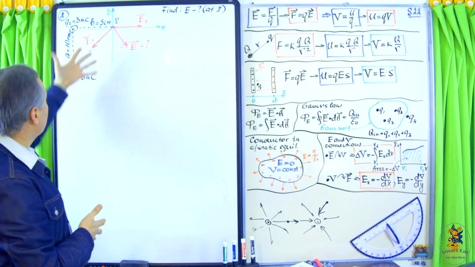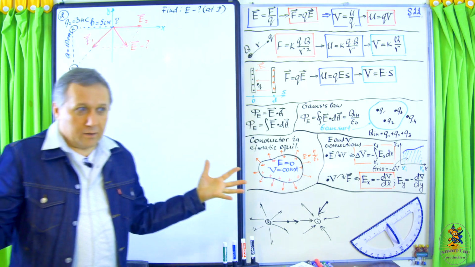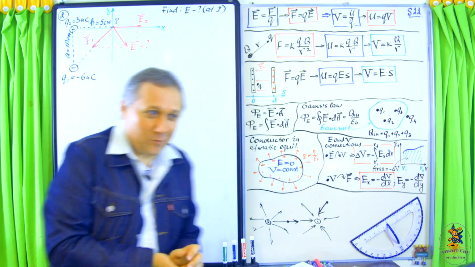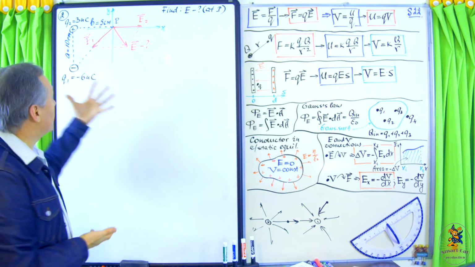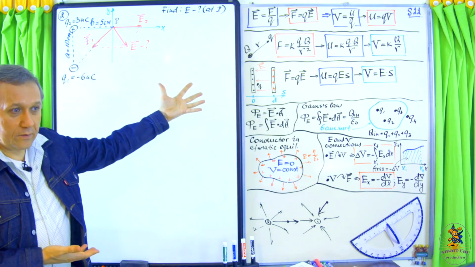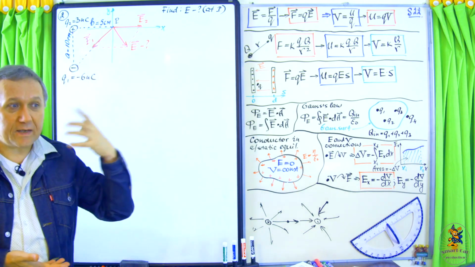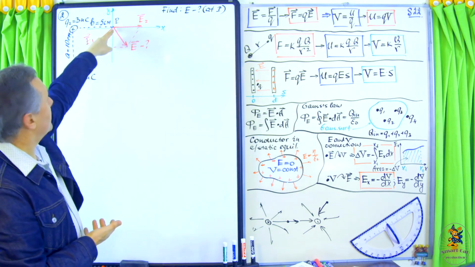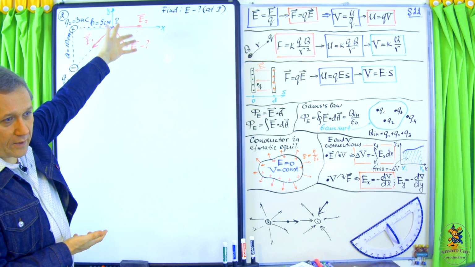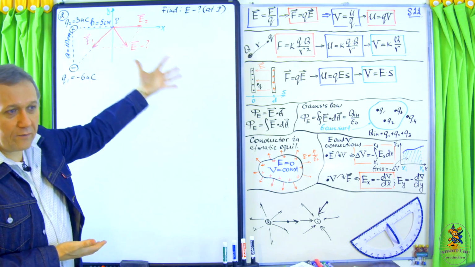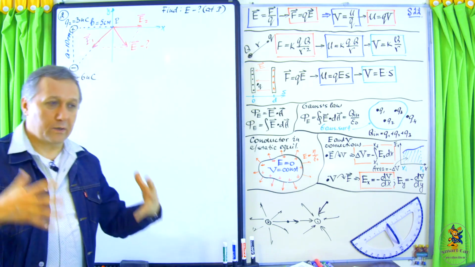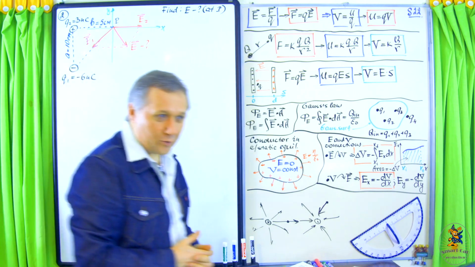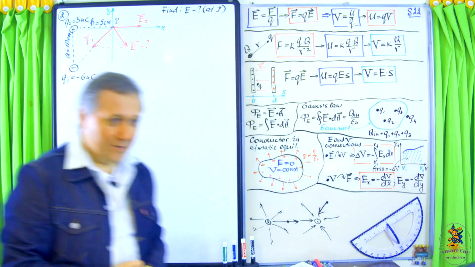When they saw a problem like this, some of them actually started panicking about what to do. In this case, it's just a different problem. This is the problem about finding electric field, and at this point there is nothing, it's just an empty spot. We just need to find the net electric field.